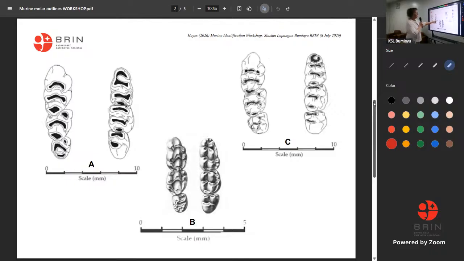So this one looks about the same size as this one. But the scale, this is 5 millimeters, and this is 10 millimeters. So this one's huge. It's probably a giant rat, and this one is probably small. So that might save you going through every single characteristic of every single rat to try and figure out which one's big. There are just big and small ones.